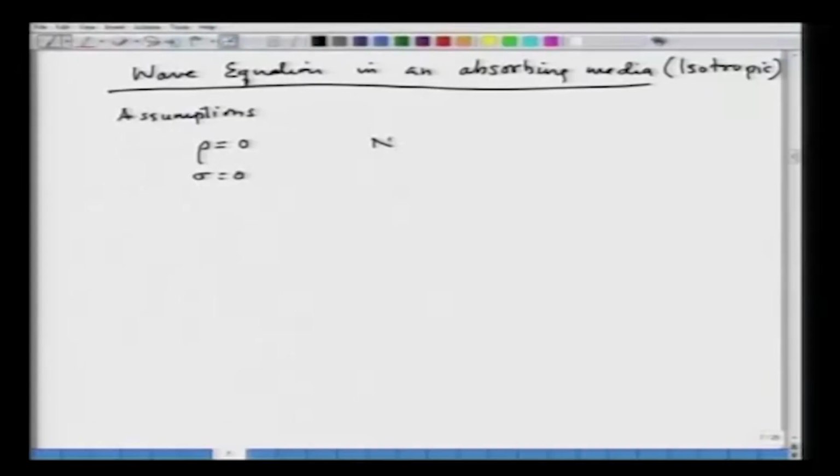There is no free charge in this material, density is 0, no free charge, conductivity is 0, and we assume that the magnetic permeability is mu naught, which is the same as for vacuum, and hence this is a non-magnetic medium.